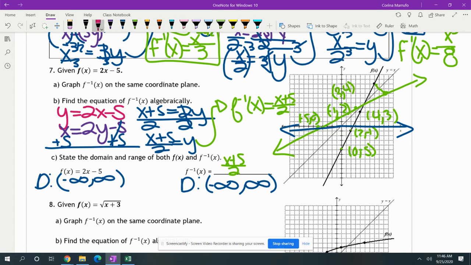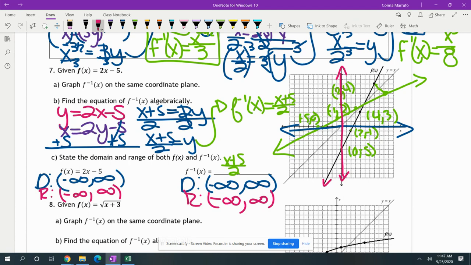And then for the range, we're going to see how low our graph goes. You can see that it continues to go down with no gaps, all the way up with no gaps. So it's also from -infinity to +infinity. And the same here, -infinity to +infinity.